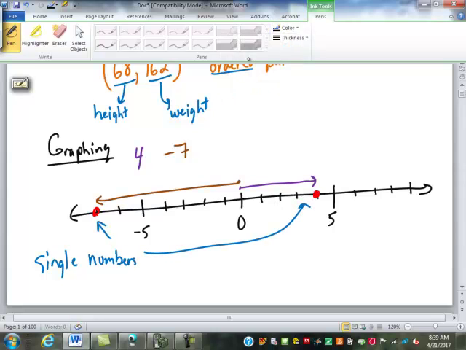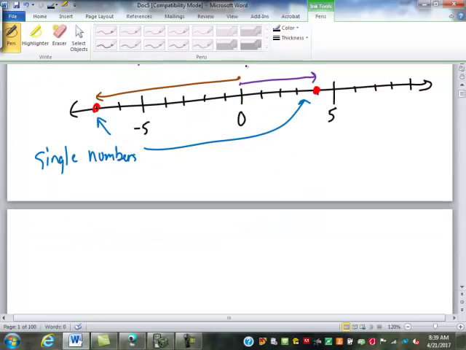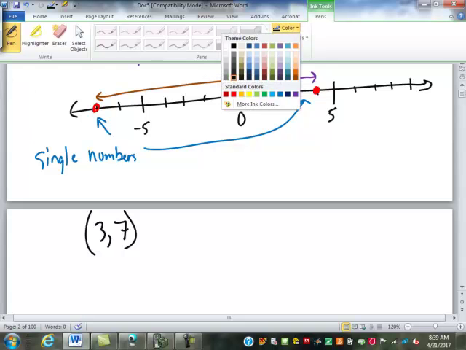But if I needed to represent an ordered pair, for example, let's say I have the ordered pair 3 and 7. And I need to not only represent both values, but I need to represent their order.